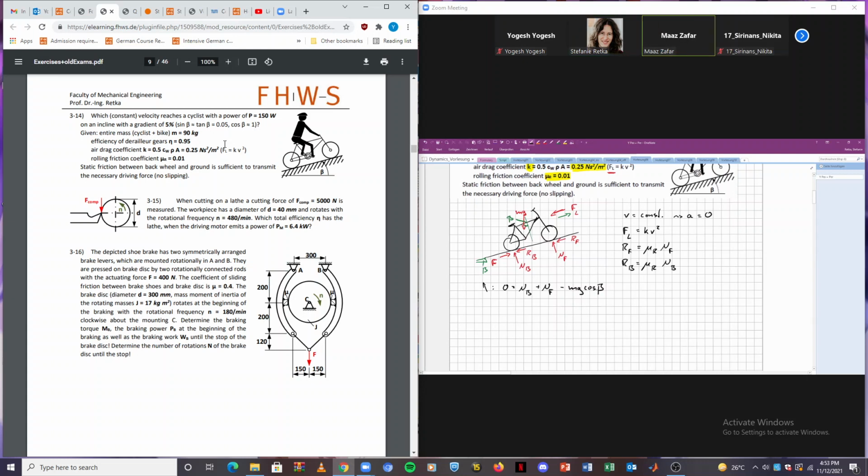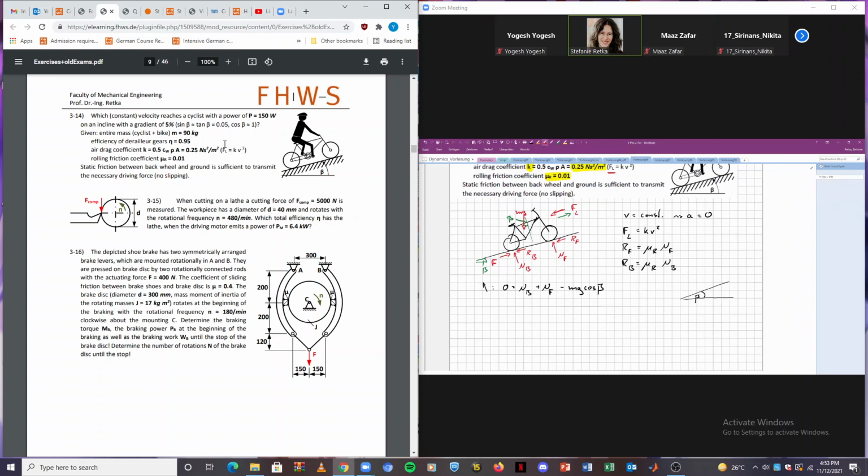Professor, quick question. Could you please name the mathematical rule by which this beta on the incline is equivalent to the one on the bicycle between mg and the normal? You mean how to find the angle? Yes. No, not that I know of. It's not really a rule.